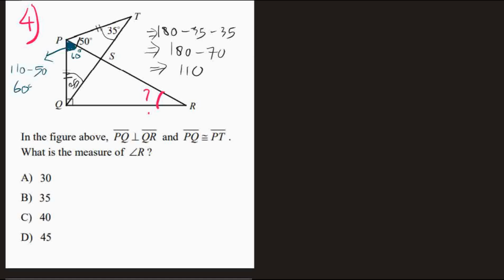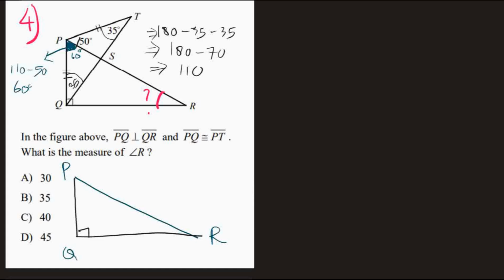Now to find this angle, we just have to use this triangle, RQP, and this is a right angle, so we have to draw this one nicely. Show the right angle.